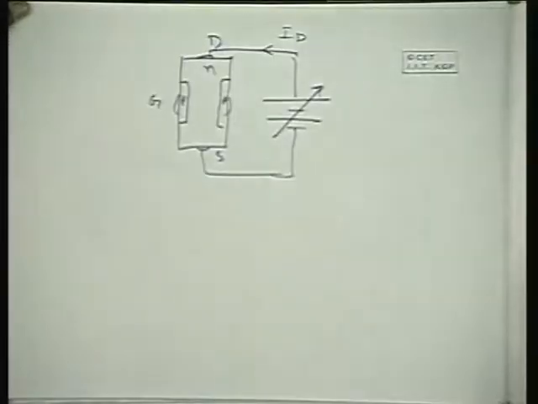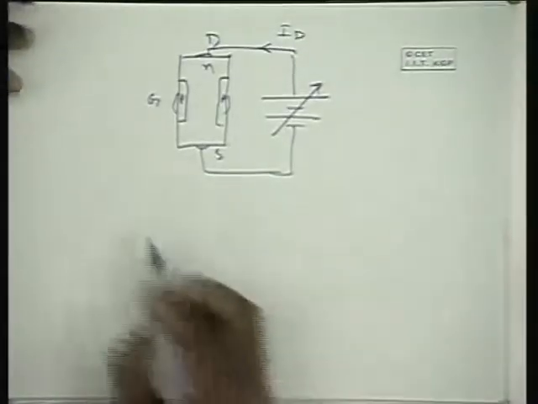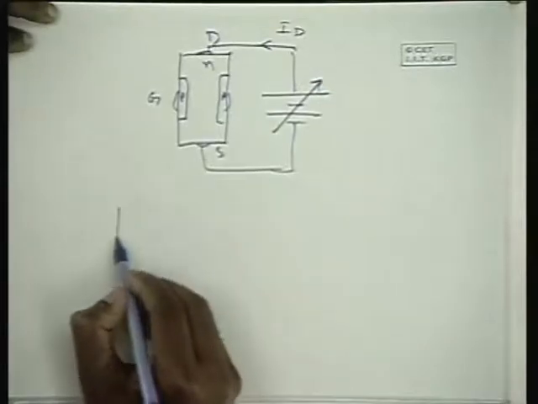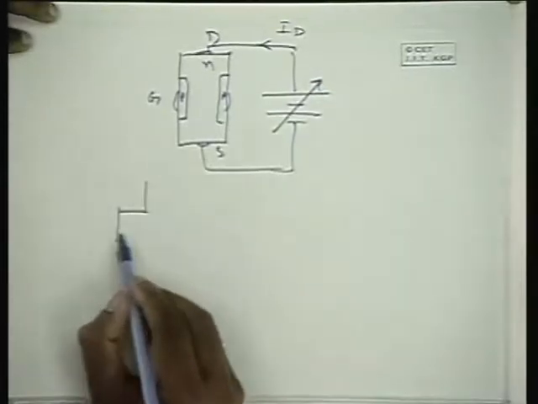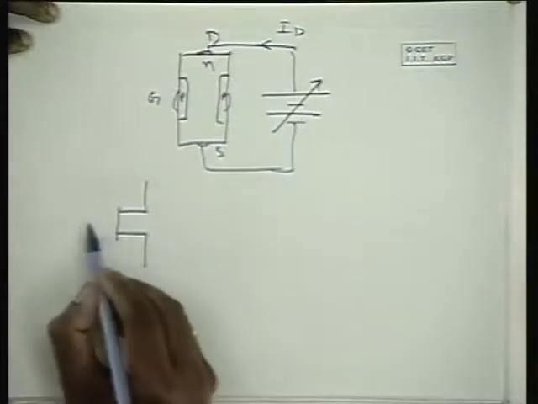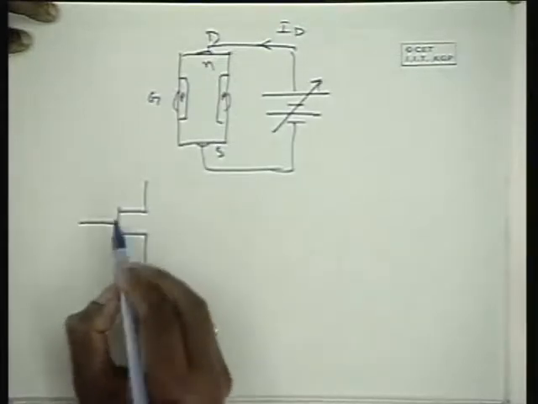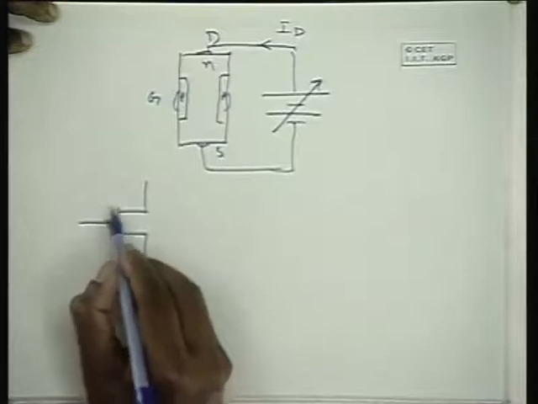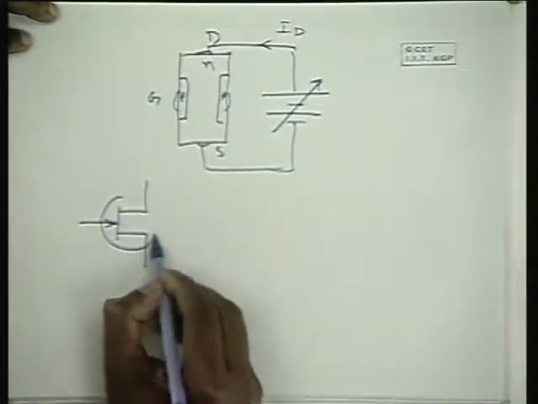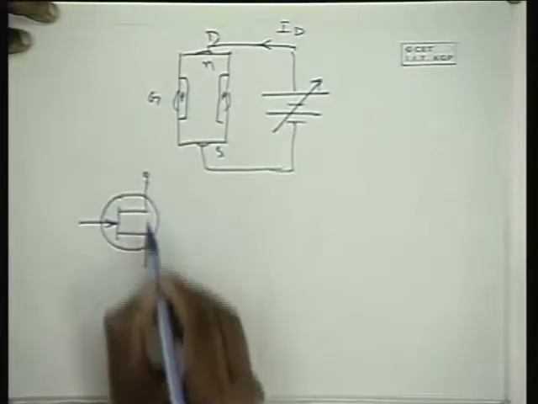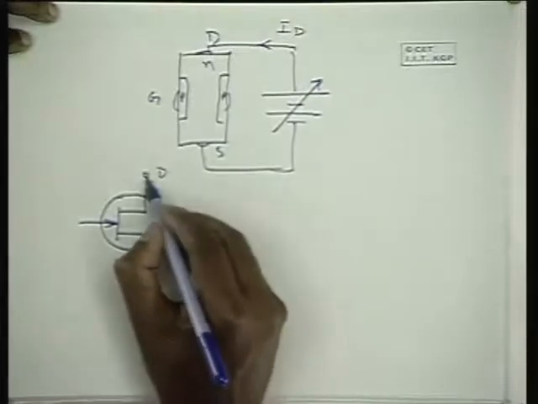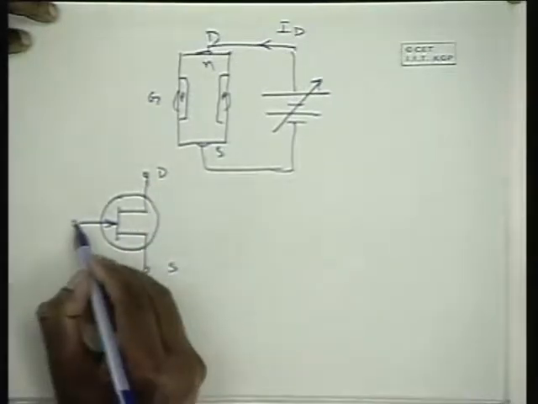Now let us look at the circuit symbol for FET. The circuit symbol used is like this. If it is an N-channel FET, this is the circuit symbol used, this is the drain, this is the source, and this is the gate.